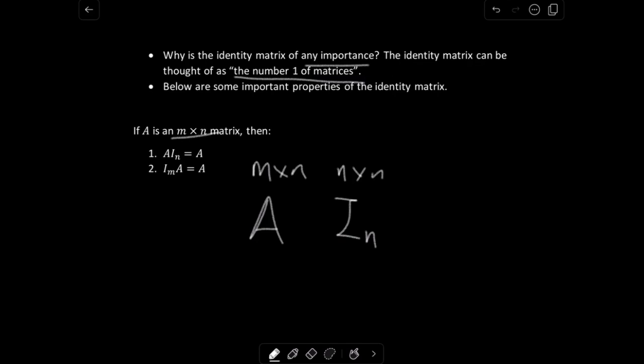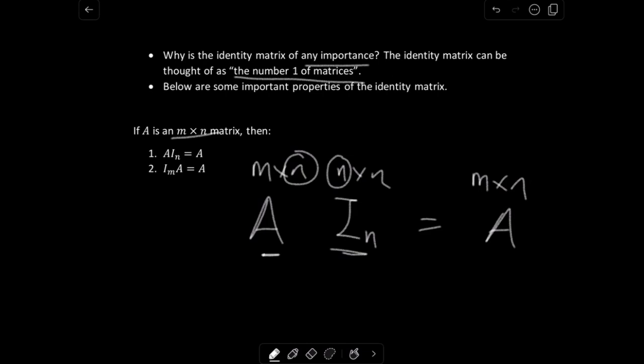That's n by n, so we can multiply these. The resulting matrix is going to be m by n. And I gave you a hint: the identity matrix is like the number 1 of matrices. So if I multiply A by I_n, I'm going to get the matrix A back. I'll show you why this is so when we do some examples.